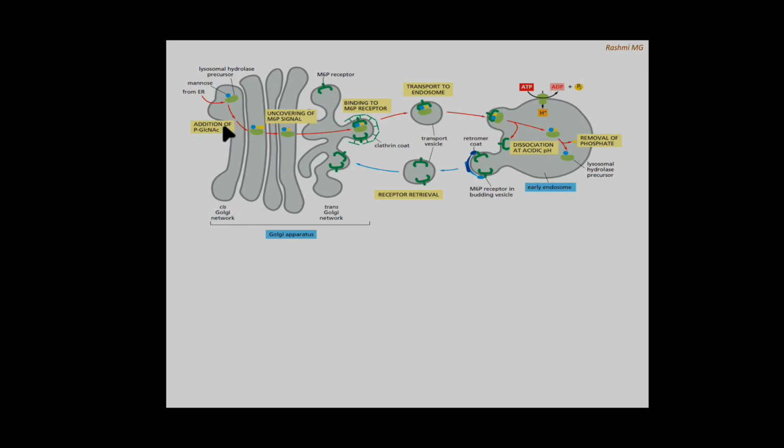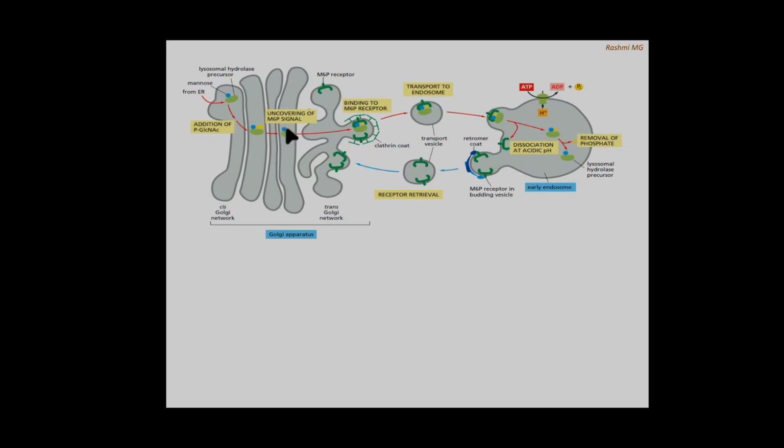First is addition of N-acetylglucosamine from ER. Mannose has come. A lysosomal hydrolase precursor which has been labeled with mannose is destined to the lysosome. It passes through the Golgi cisternae with many processing steps happening, and at last, in the trans-Golgi network, the protein or enzyme which is destined for lysosome has the M6P signal.